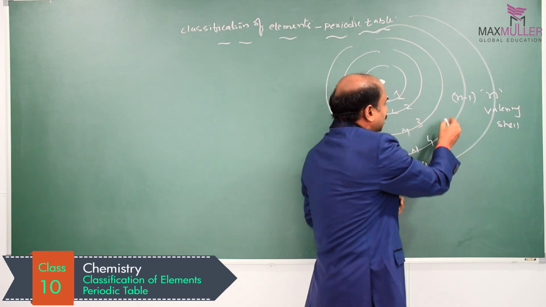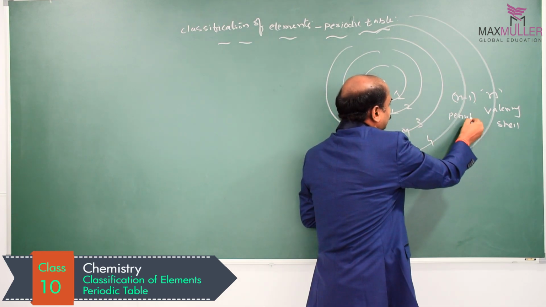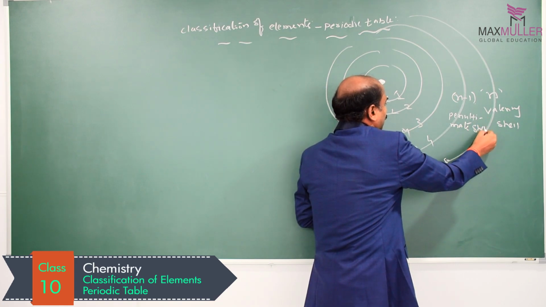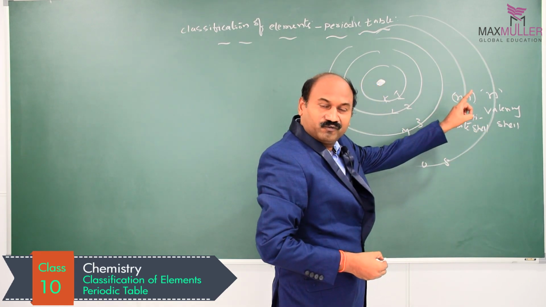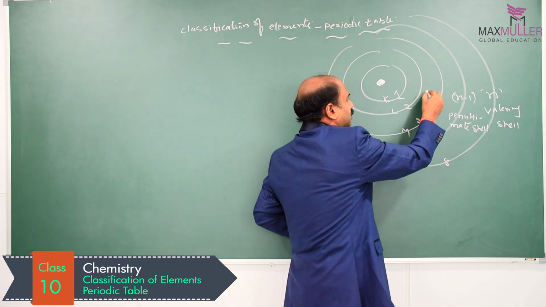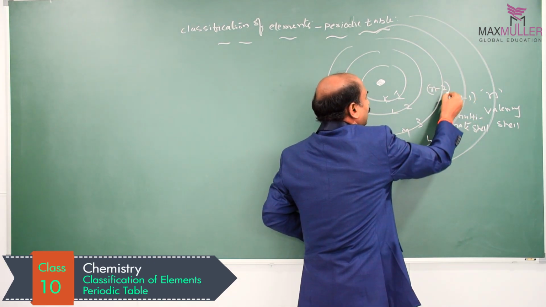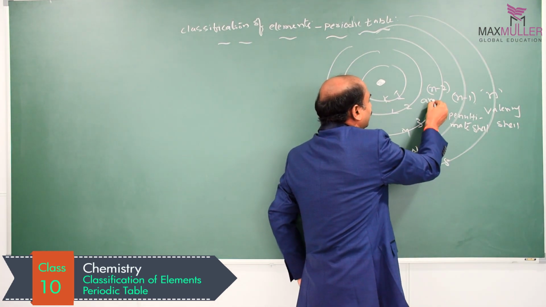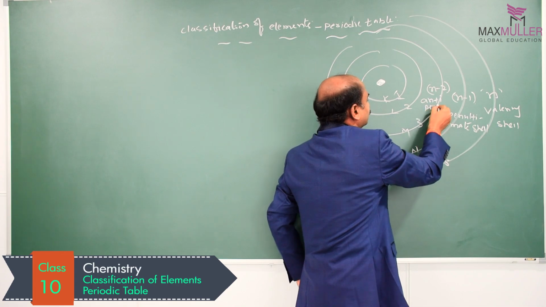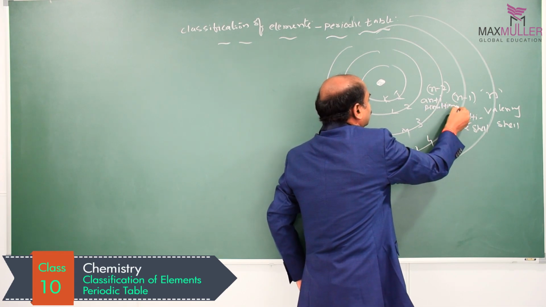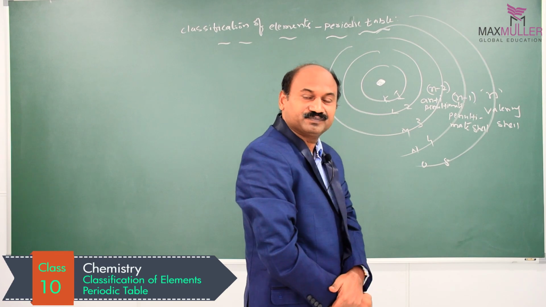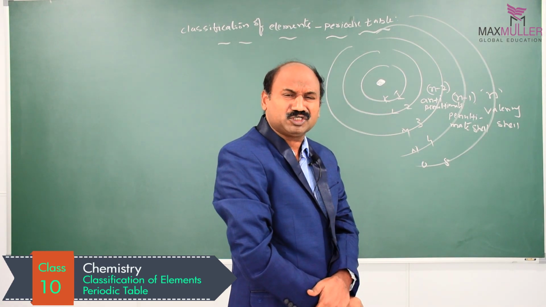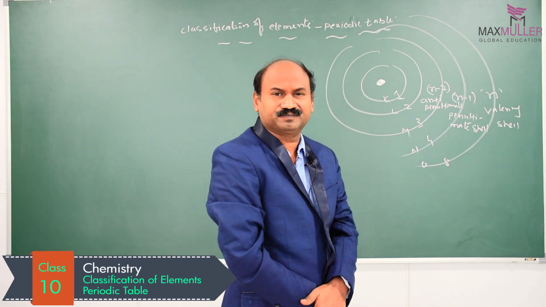This is the penultimate shell. And the third shell from the last is called the anti-penultimate shell, and it is denoted as the n-2 shell. This is the anti-penultimate shell. Right? Now, we all know about this structure of the atom. It is the fundamental thing.